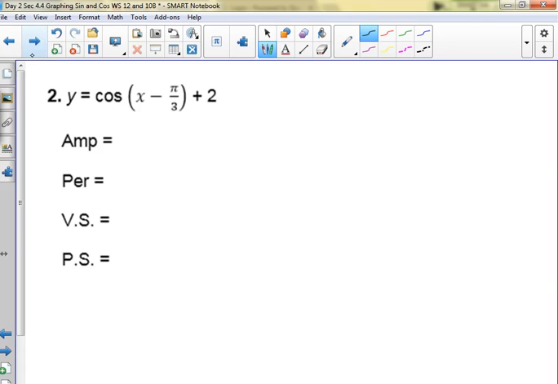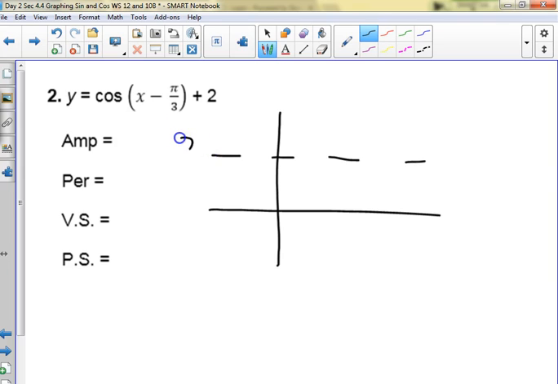Let's try. Okay, if I put this on a quiz, honestly, what I would tell you to do is to draw the cosine graph. It would go up 2, yes? Have a 1 above, 1 below. I would say draw your cosine graph. Then shift everything to the right, pi over 3. This used to be pi over 2.